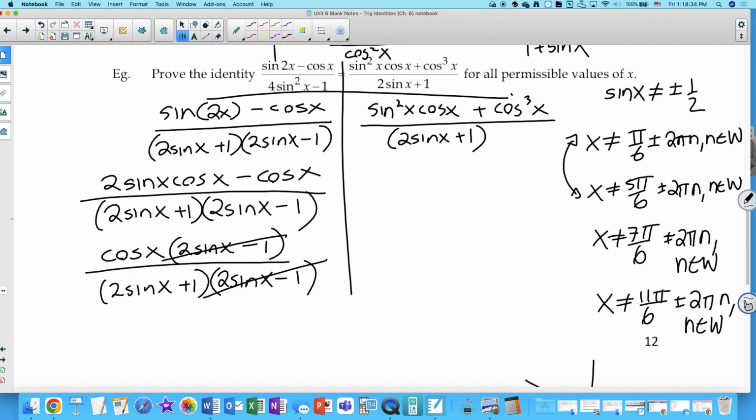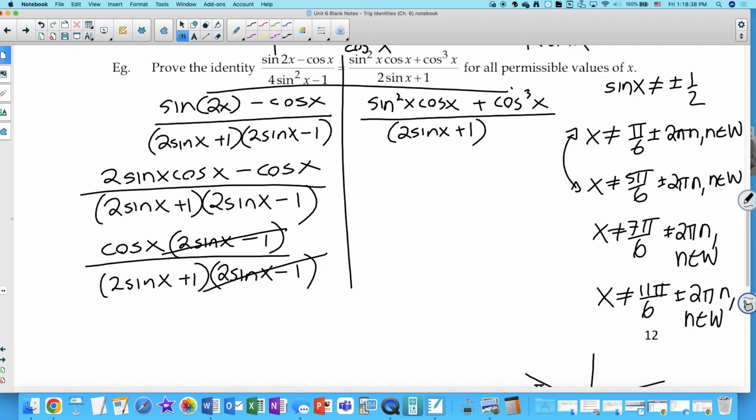All right. So what can we do on the right side? Factor again. Yeah, exactly. Same thing, right? So we can take a cosine x out. And then from this term, we're left with sine squared x. And now I've taken one factor of cosine x out, but I'm left with cos squared x.